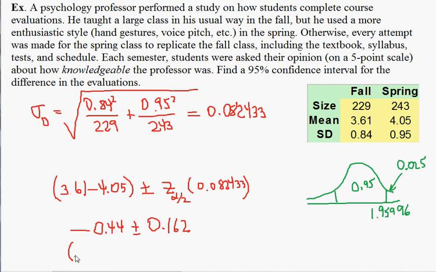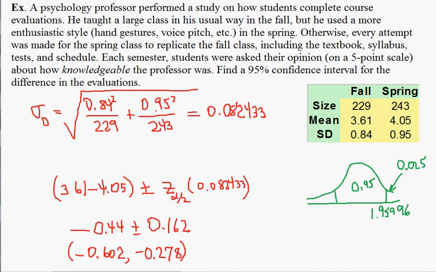Okay, so if I were to write this actually as an interval, on one side it would go to 0.602, and on the other side, subtracting, this would go to negative 2.78. And so I am 95% confident that the true difference lies in that range someplace.